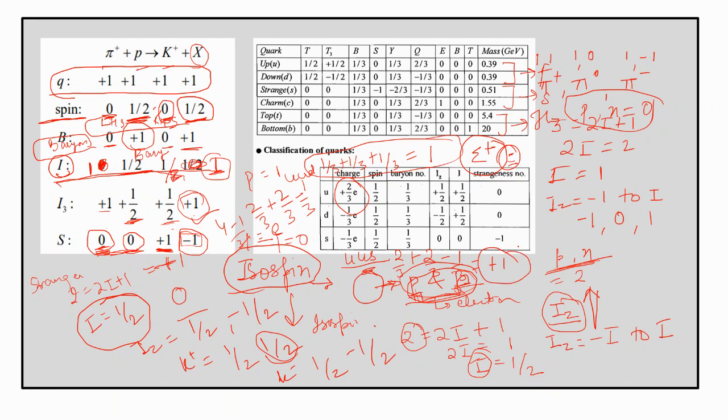And from this table you can see strangeness is minus 1 for it, and we have found that strangeness is minus 1. So S will come. If instead the strangeness had come as plus 1, then you would take S bar, because this is the anti-quark of S.